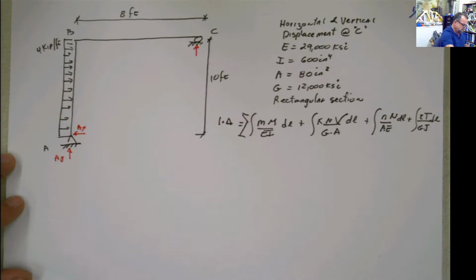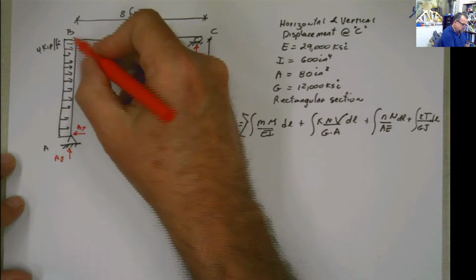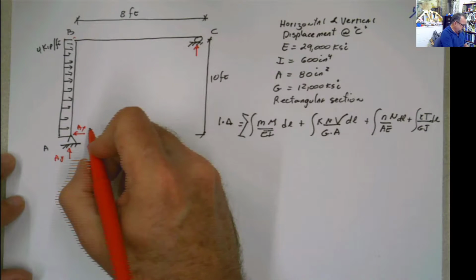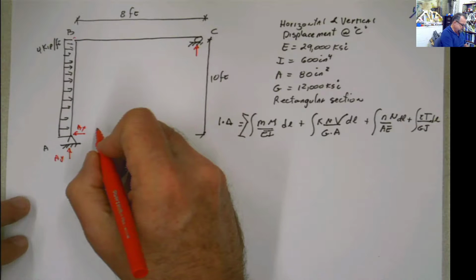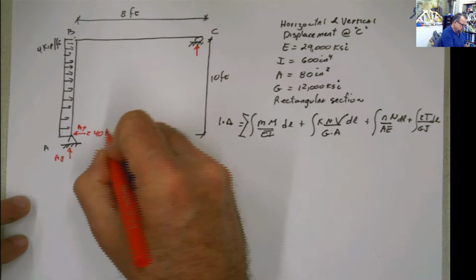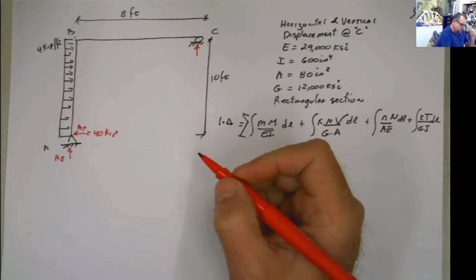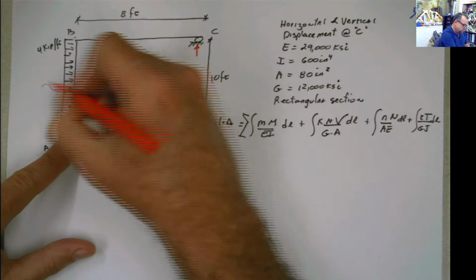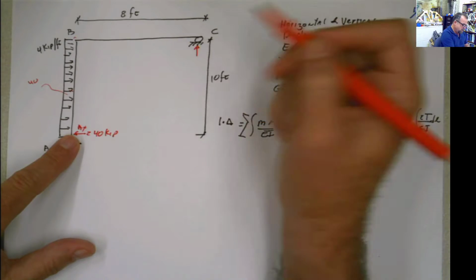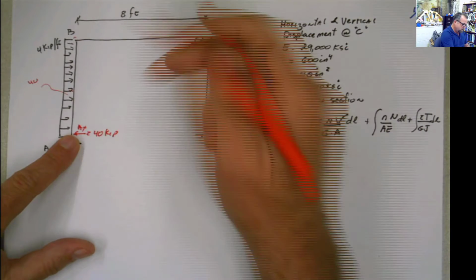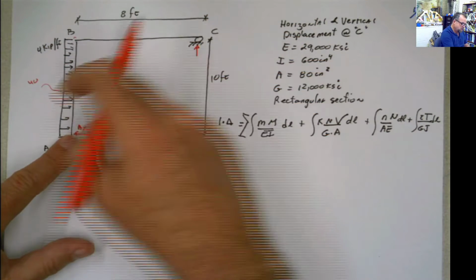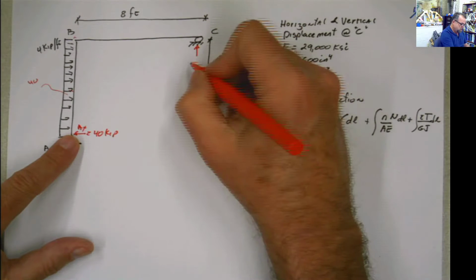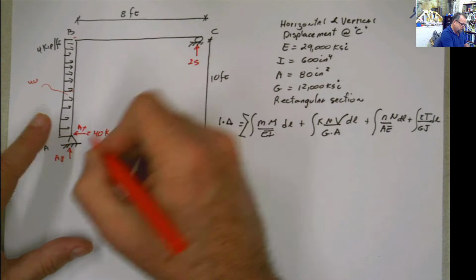So 4 times 10, summation of forces in x, meaning this force here should be 40. And now you can do summation of moments here, and then you're going to say that this force of 40 multiplied by the distance, which is 5, is 2000. 2000 divided by 8, you're talking about 25 and 25.